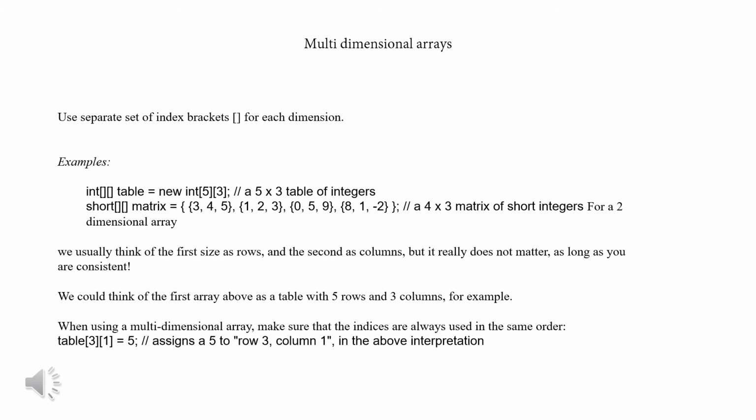Sometimes you need to assign a value to one cell of a matrix, one cell of a multi-dimensional array. So how can you do so? As you see in this example, we have first the name of that array, here is table, then the braces.